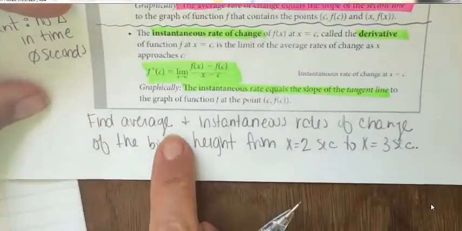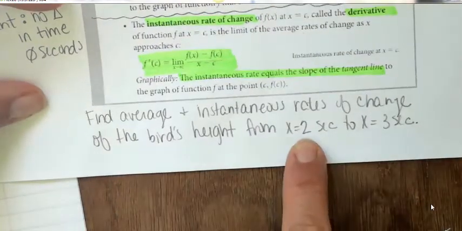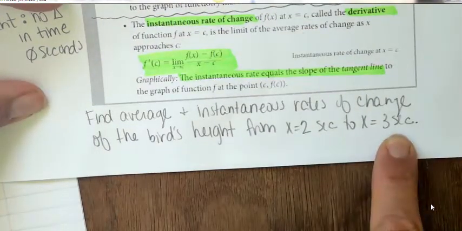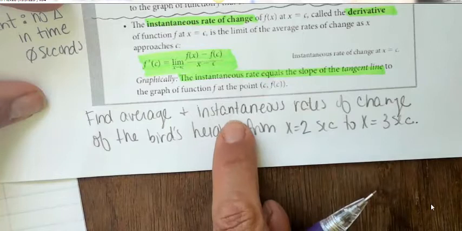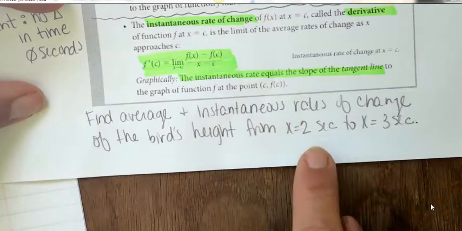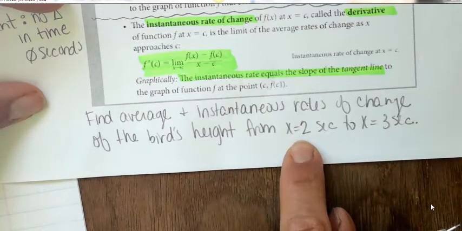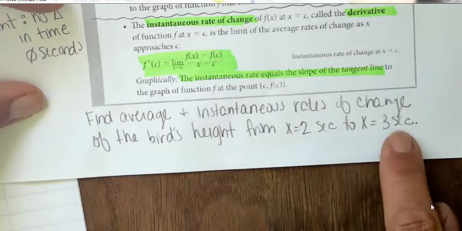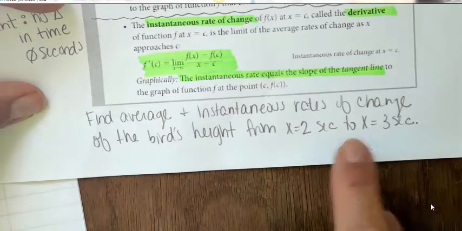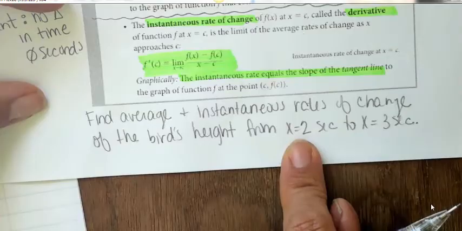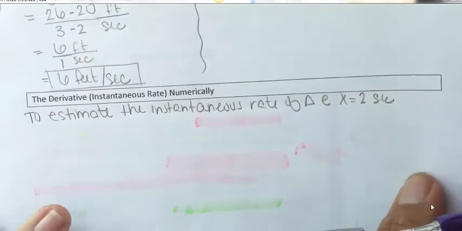Well, we're trying to find, we already found the average rate from x equals 2 to x equals 3 seconds. Okay, now we're going to try and find the instantaneous rates of change, basically at x equals 2. Okay, we can do that for x equals 3 as well. So let's go ahead and do it at x equals 2.